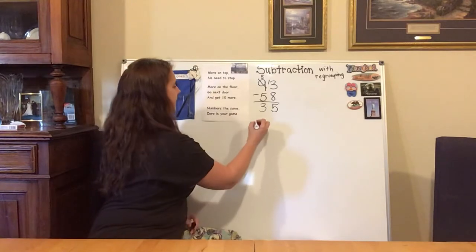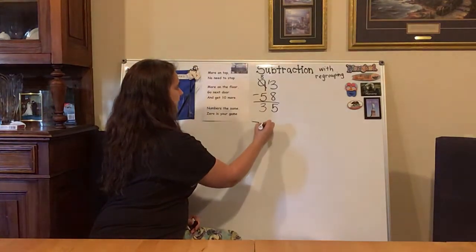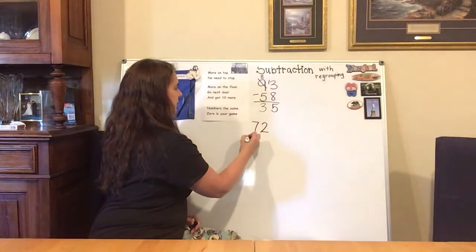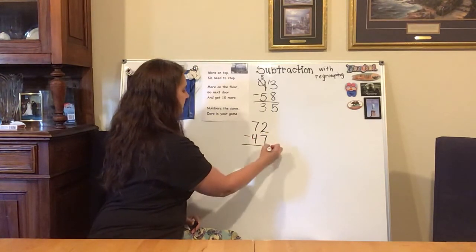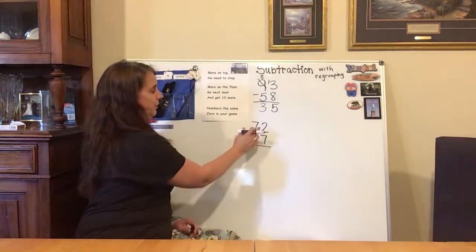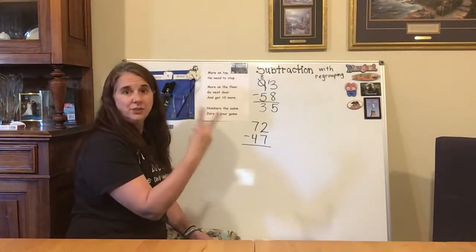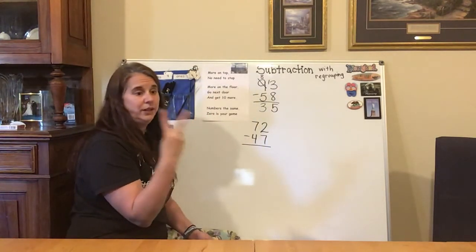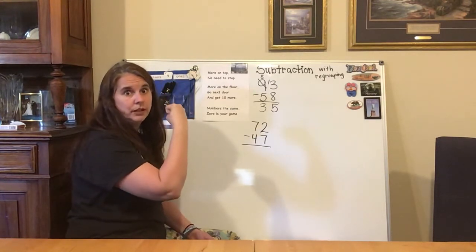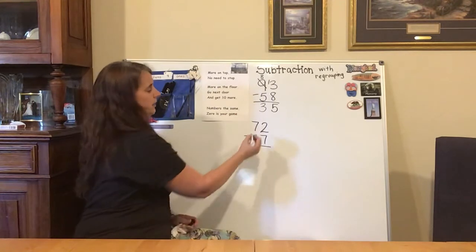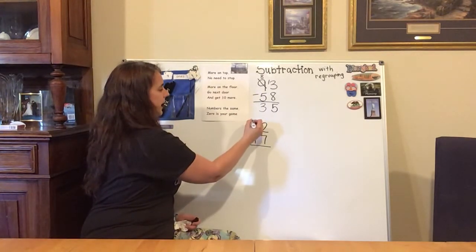Let's do another one. Here we go. Let's do 72 take away 47. All right. Notice we have 2. We can't take 7 away. We only have 2. So we need to knock next door to our neighbor. Go to the tens. Mr. 7, I need a 10.